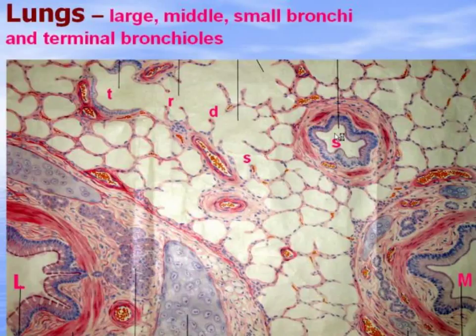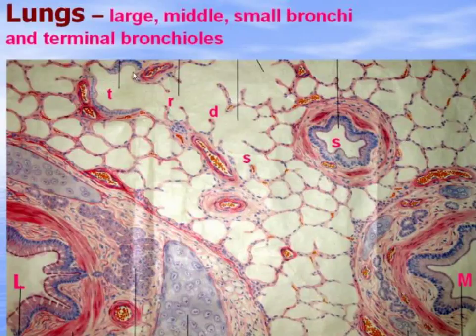In small bronchi, no cartilage, no glands, but lamina muscularis is developed quite well. So the small bronchi can contract and relax and regulate the entrance of the air into the respiratory portion.